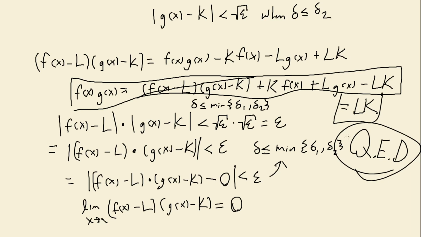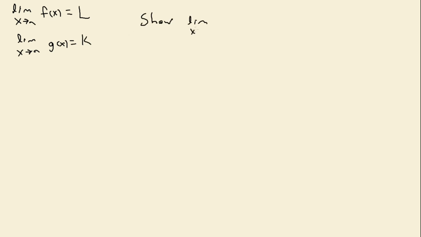The hardest one of these to show is definitely the division property, which says that if we know that the limit as x approaches a of f of x is equal to L, and the limit as x approaches a of g of x is equal to k, then we want to show that the limit as x approaches a of f of x over g of x is equal to L over k.